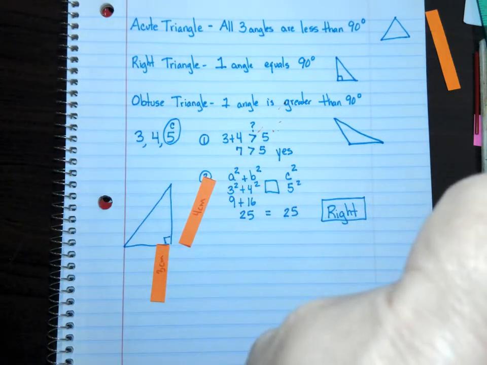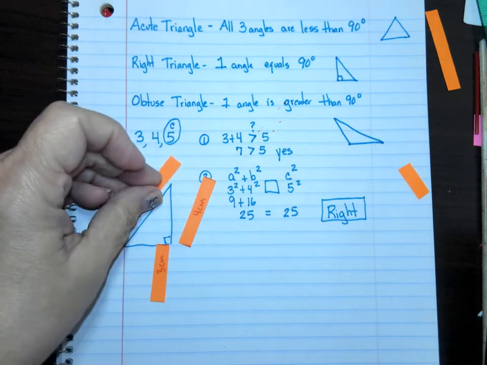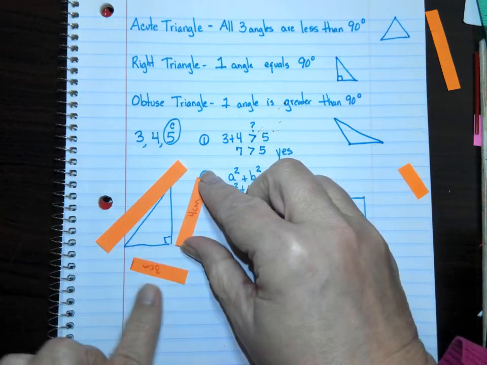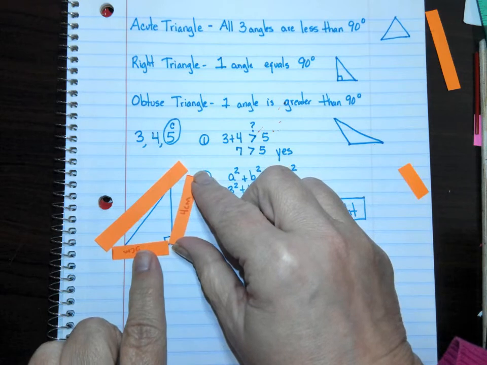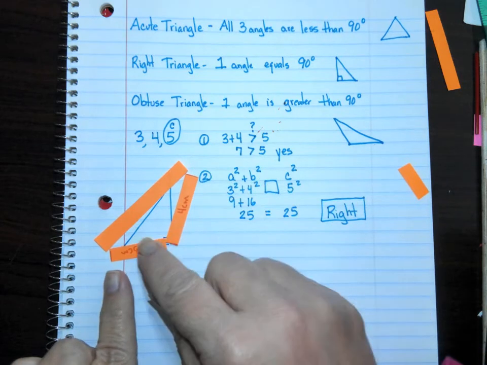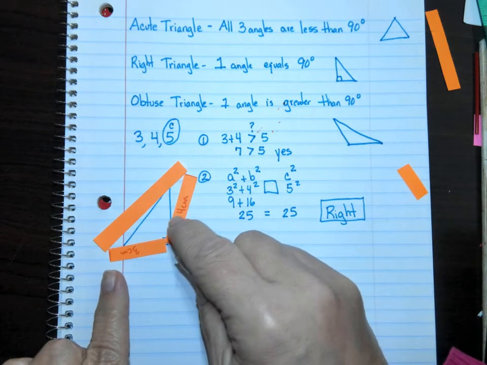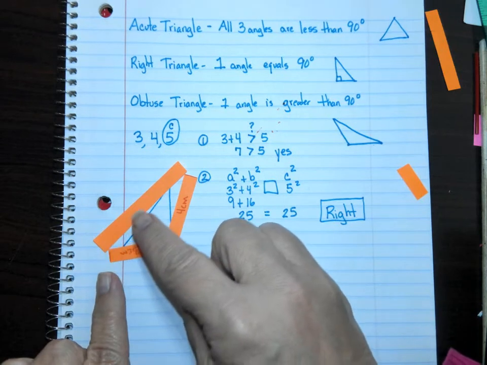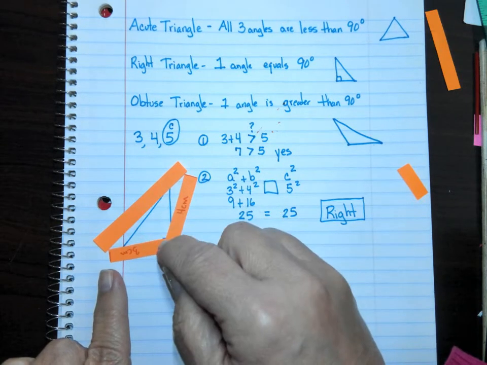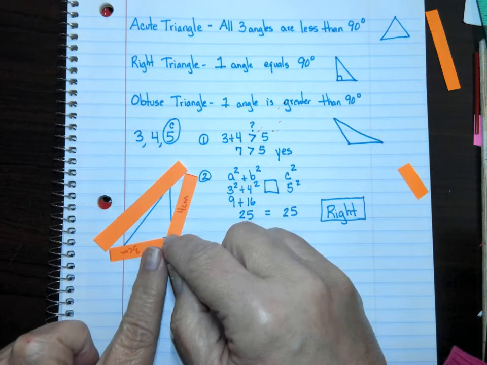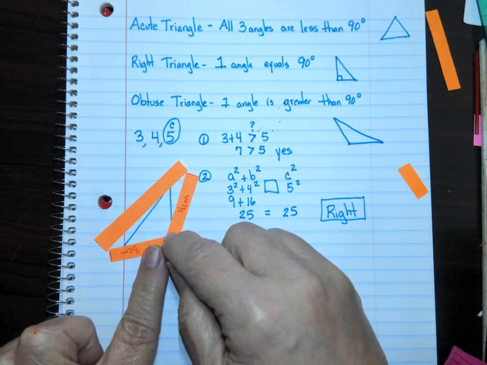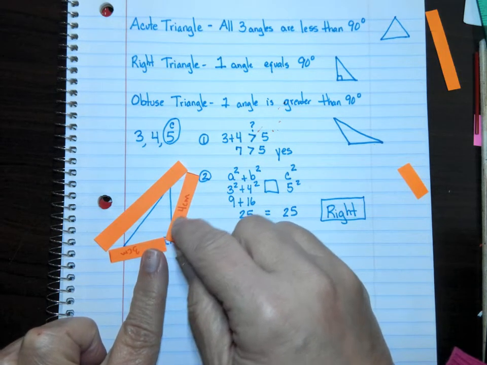What if it just got a little bit longer? You see what would need to happen to this right angle? The right angle would need to open up wider, right? So if the hypotenuse squared is longer, then my triangle won't be a right triangle anymore. It'll become an obtuse triangle.